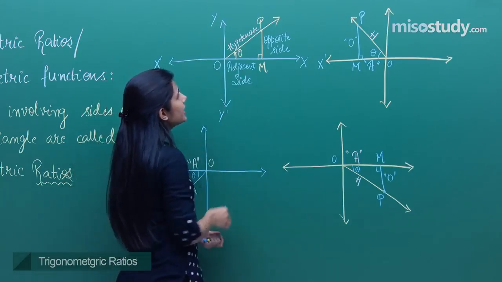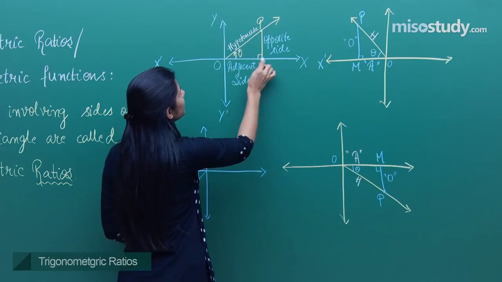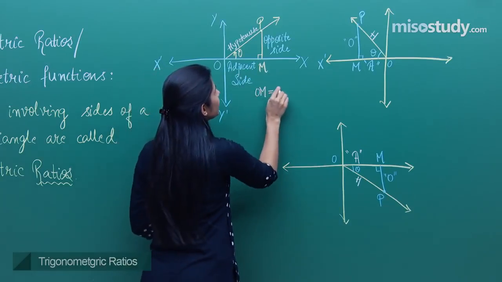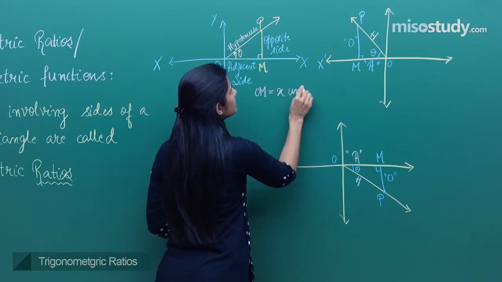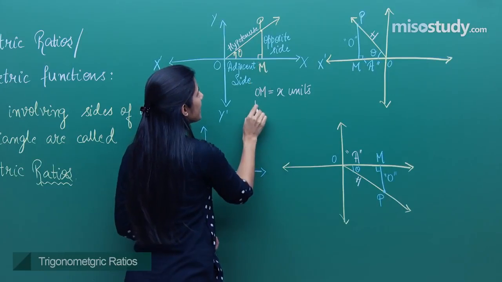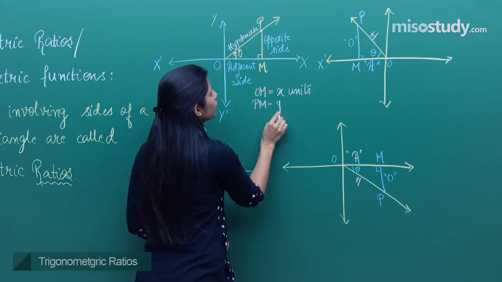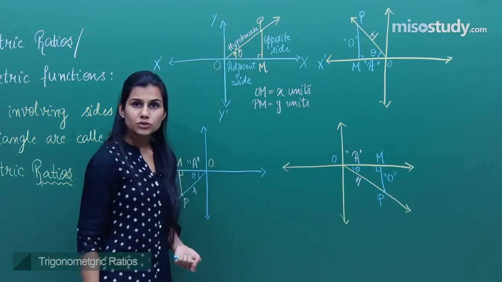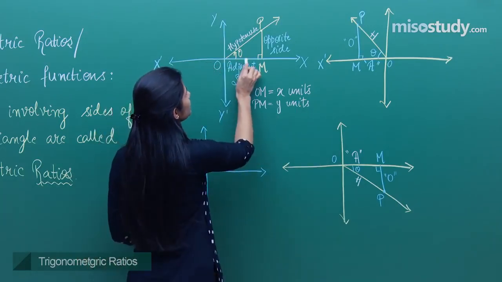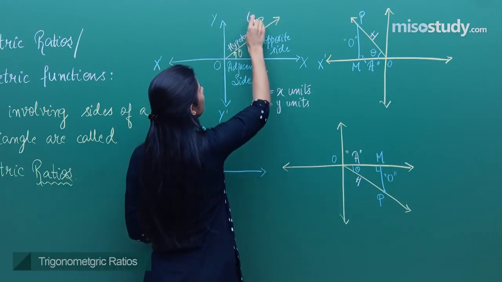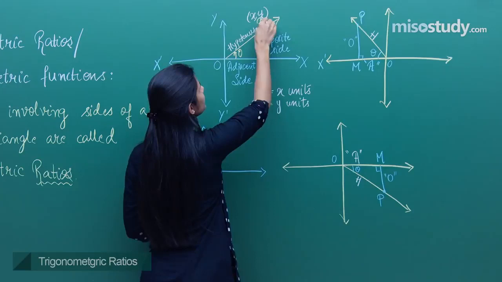Well, over here, if you take the length of OM to be equal to, say, x units, and the length of PM to be equal to some y units. Suppose this is what you take. In that case, this is your x units, these many are your y units, and therefore P becomes the coordinate x, y.